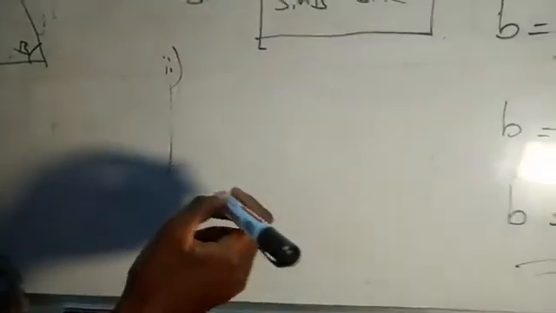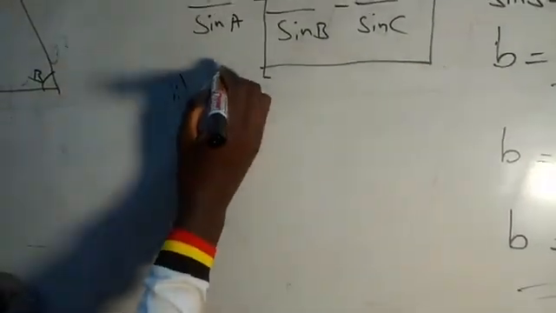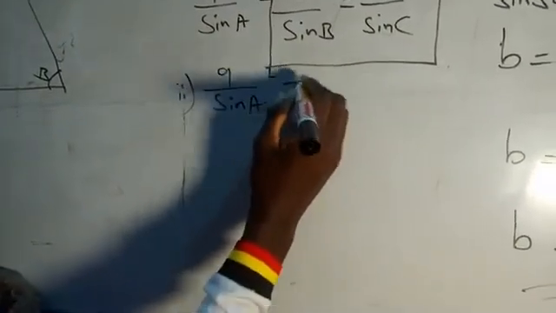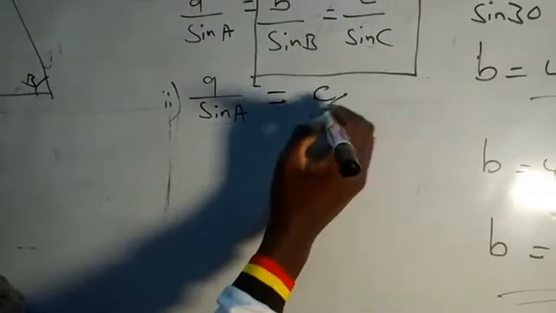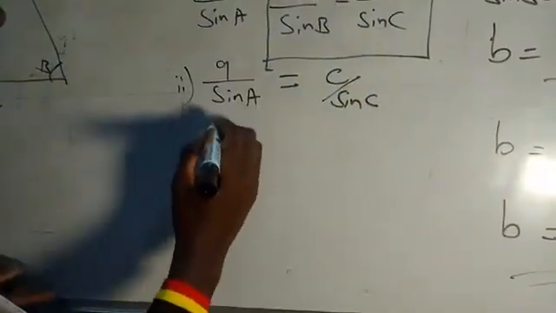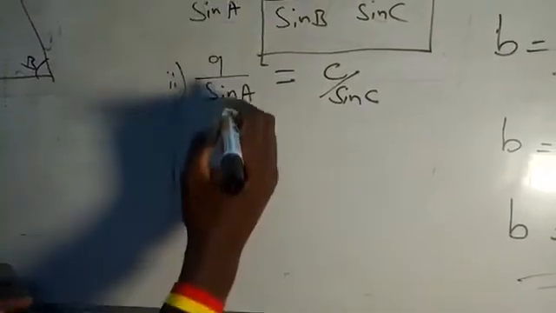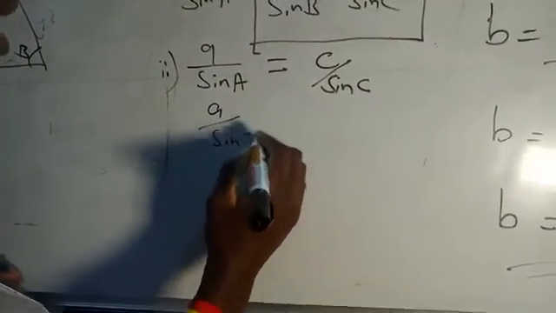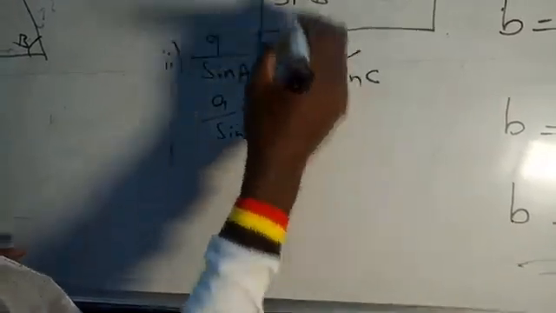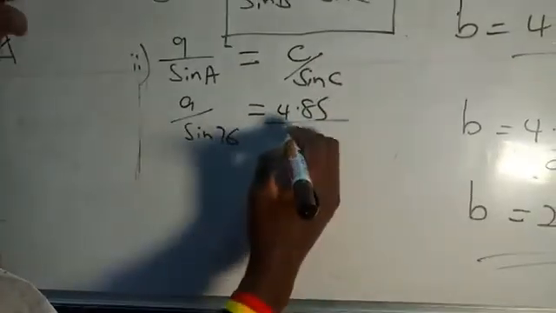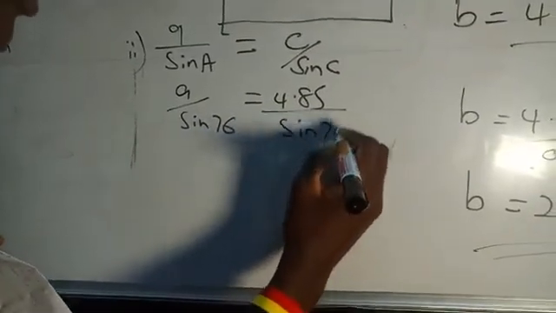But now we are going to take a over sine 76 equaling c, which is 4.85 over sine 74.